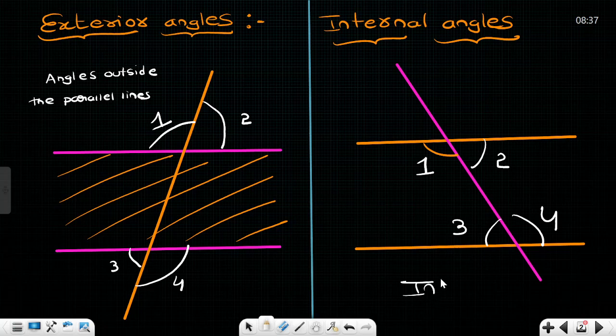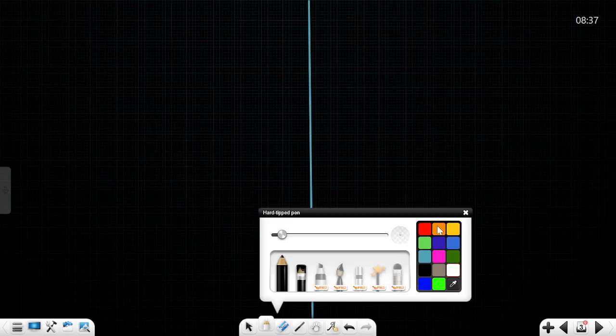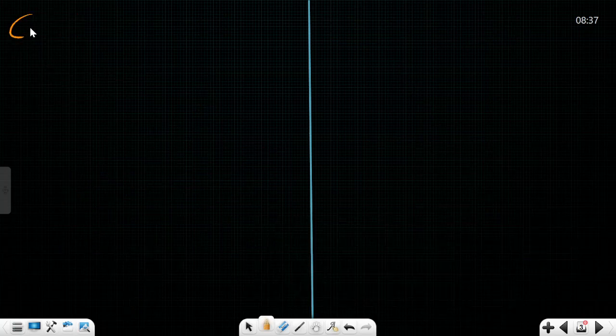These are called internal angles because they are there inside, in between two parallel lines region. So external angles and internal angles. I think this is very much clear to you, right? Next, we are going for corresponding angles.